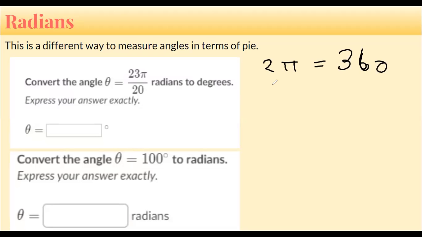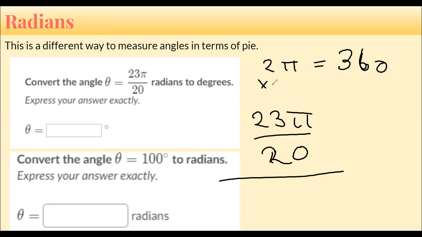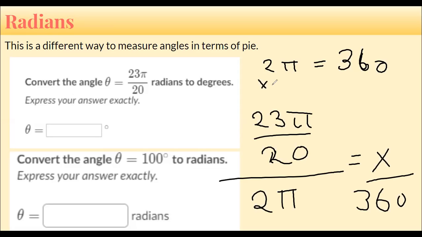Okay, we know that. So what we do, we say that there are x degrees. We do 23 pi over 20 all over 2 pi is equal to 360 over x, right? Now you simplify this, okay?